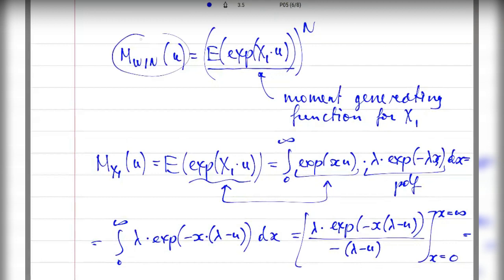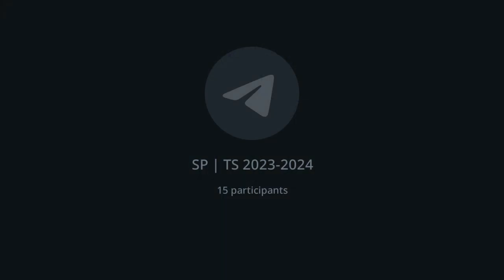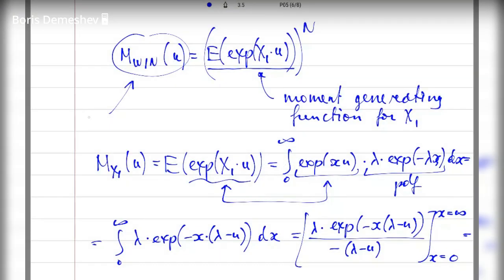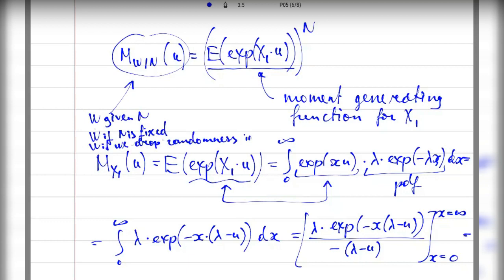It doesn't mean win like a victory, but it says W given n, or W if n is fixed, or W if we drop randomness in n.